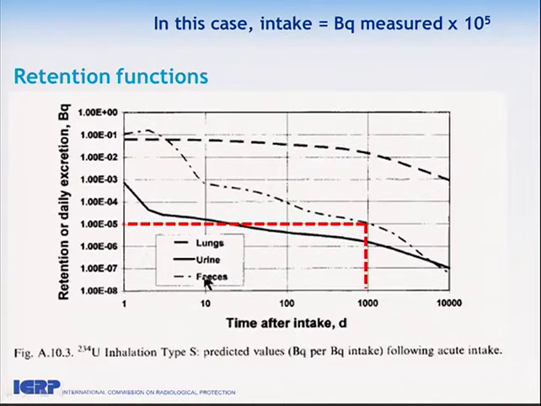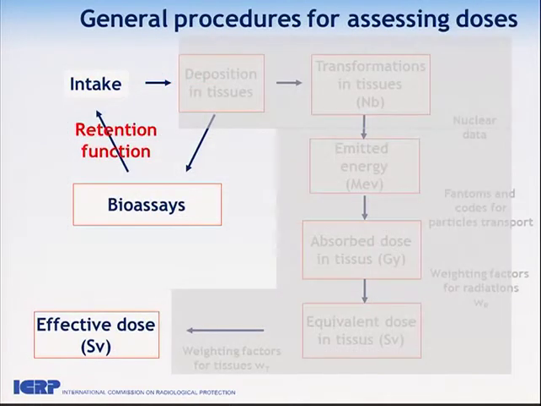This curve shows that if you measure something, let's say 3 years after contamination, the intake should be 10 to the 5 times the quantity you have measured in the bioassay. So once you have defined the intake through the retention function, you can use the dose per unit intake again to get the effective dose.